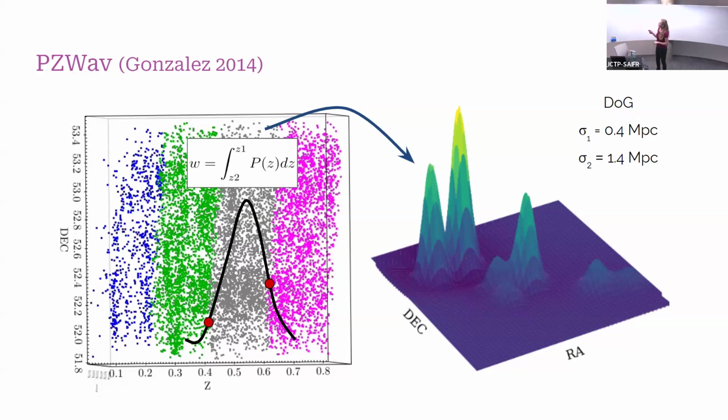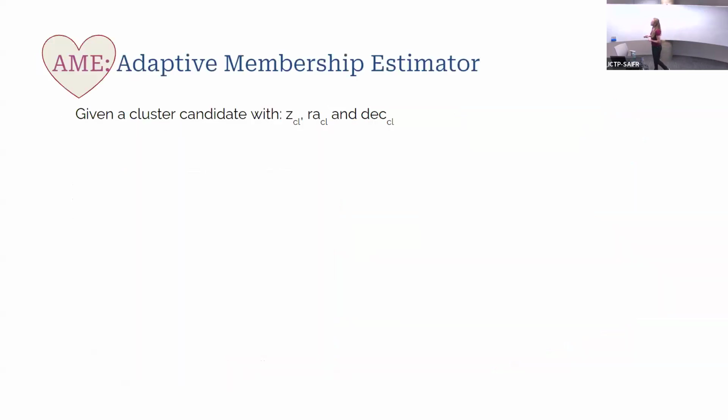We set the minimal value of 0.4 megaparsecs to detect the structures, and the largest one will be 1.4 megaparsecs. And after that, we have the calculation of the signal to noise. This way we scramble everything in this area and then calculate at each point a signal to noise. We are taking everything above the signal to noise threshold.